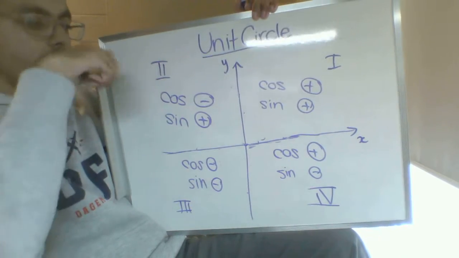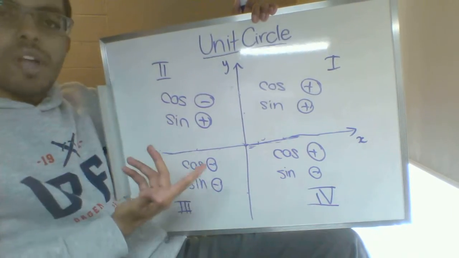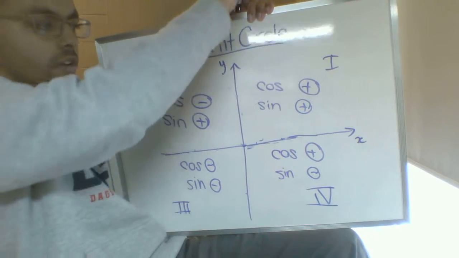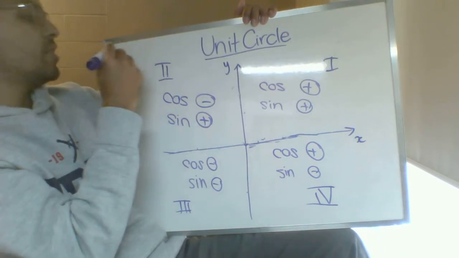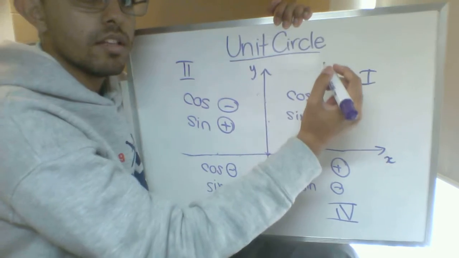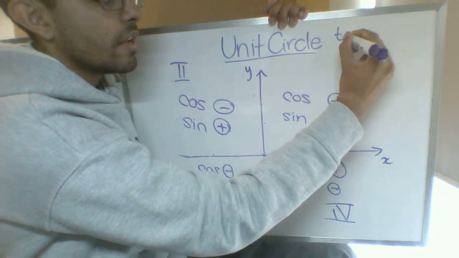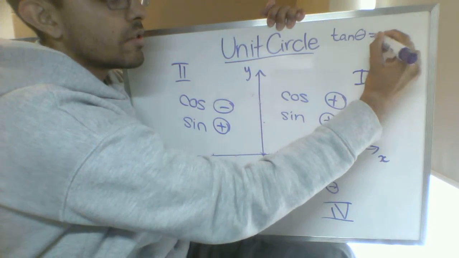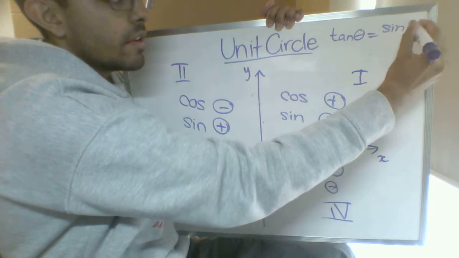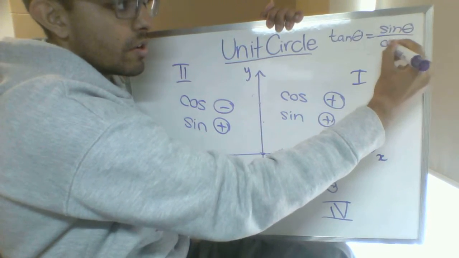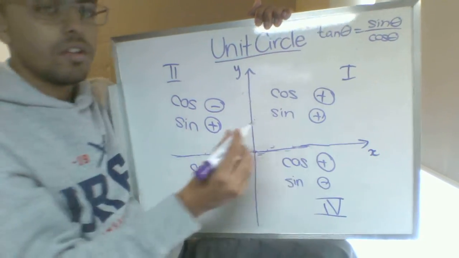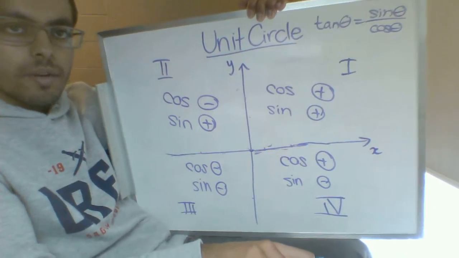Now there's one more thing to this. We haven't talked about tangent at all. So tangent, well, we know tangent from our last lesson. Tan theta is equal to sine theta over cosine theta. All right?